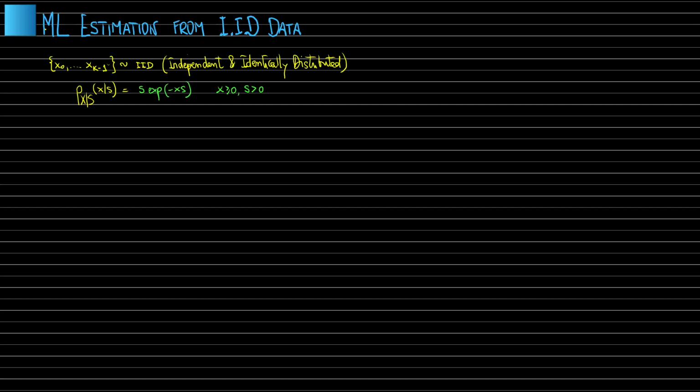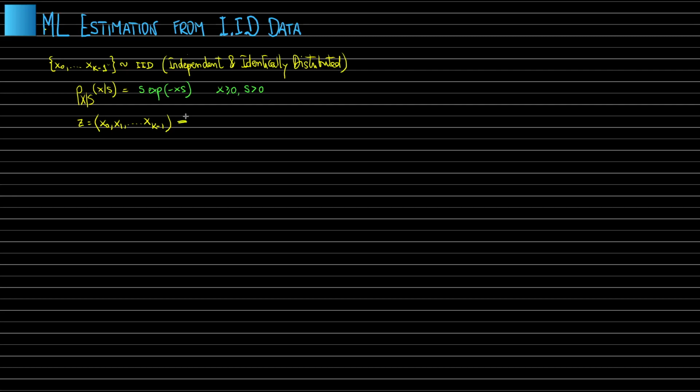Well, basically we can apply the same theory we have studied for the case of a single random variable, because we can just group or pack all the observations in a single vector whose components are all the observations.